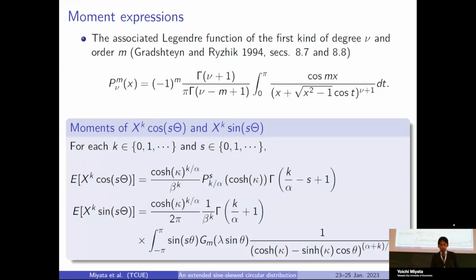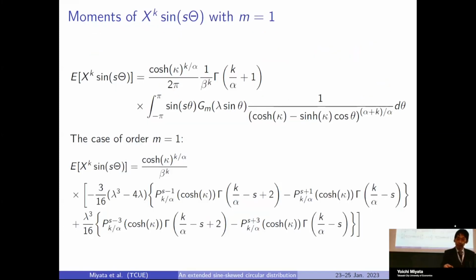But this moment includes the integral sign. But for each m, we have an explicit expression without the integral sign.